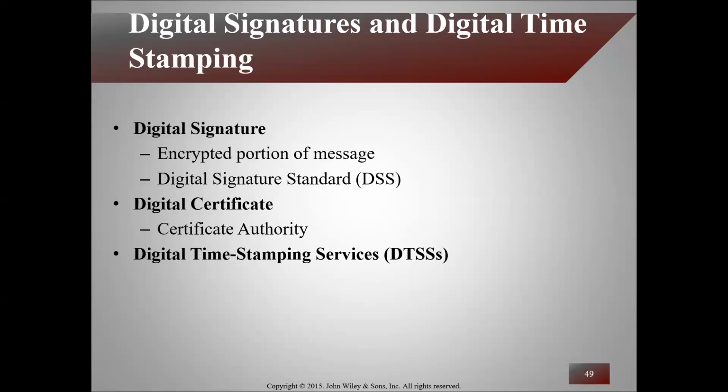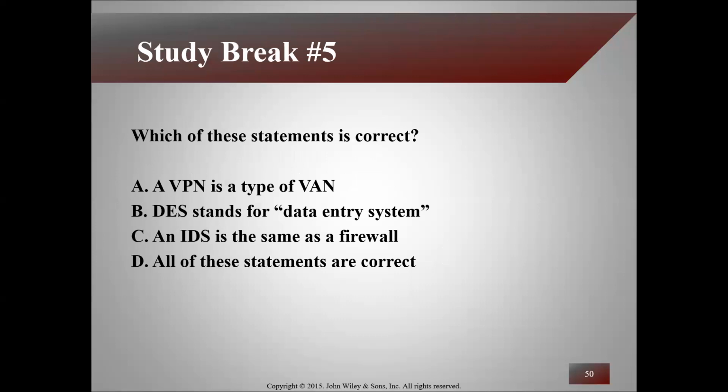And we'll get into a study break. Study break number 5. Which of these statements is correct? A, a VPN is a type of VAN. B, DES stands for Data Entry System. C, an IDS is the same as a firewall.